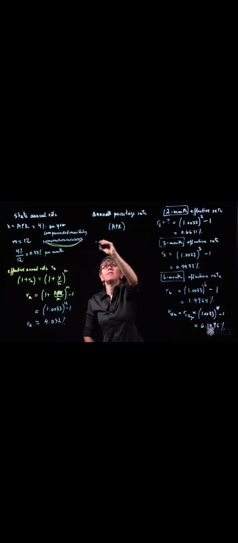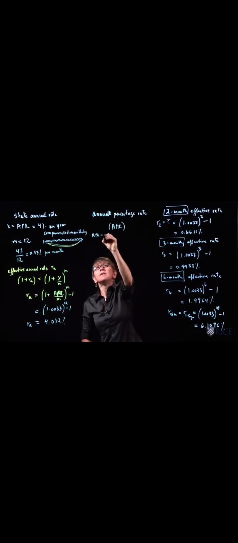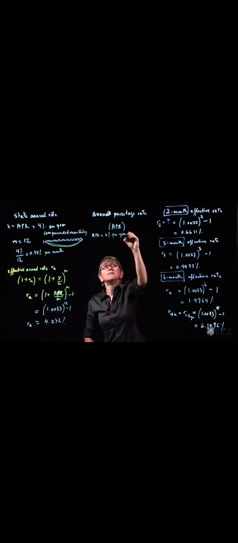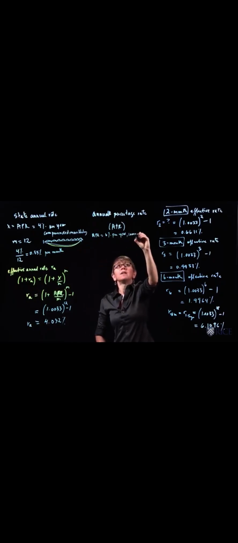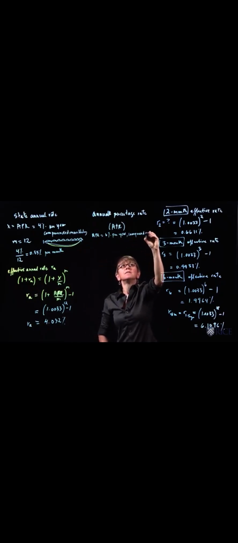Now let's do another example. What if we have an interest rate of 6% per year compounded semi-annually? The APR is 6% per year compounded semi-annually.